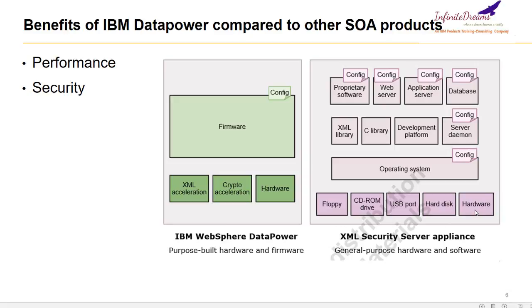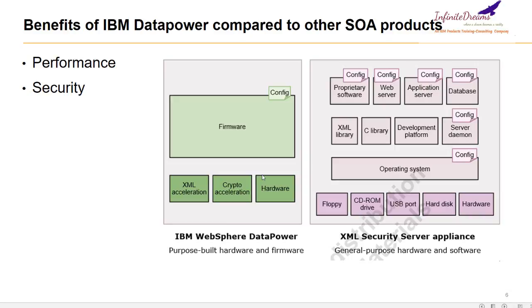Of course, when you install Data Power, your Data Power application will also run, but apart from that all these other applications will also run. So what IBM thought was, why not have only that much capability in the operating system which can run only the Data Power application? In that scenario, the Data Power application can consume all the hardware resources.